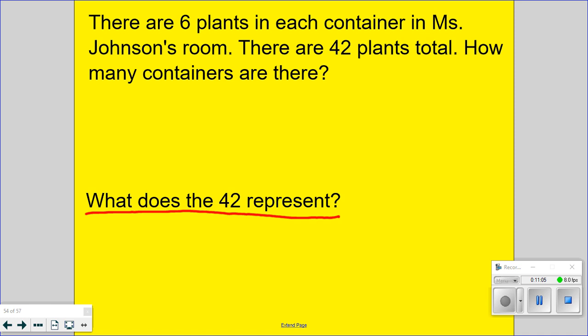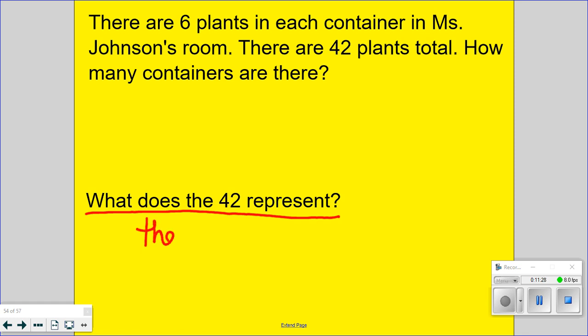In that problem, what does that 42 mean? What is that 42 talking about? Macklin? It means like the whole, the total thing. Yeah, what things? Oh, yeah. The plants. Underneath that, let's answer it.